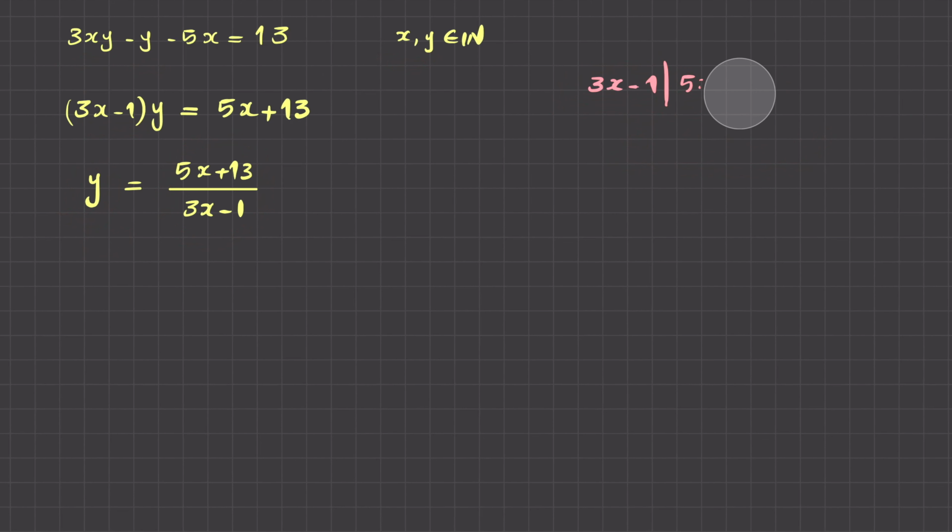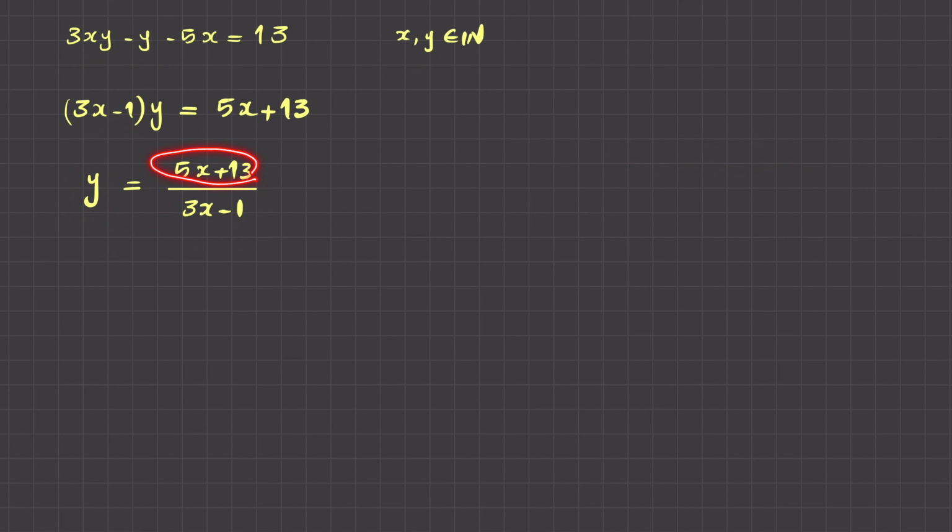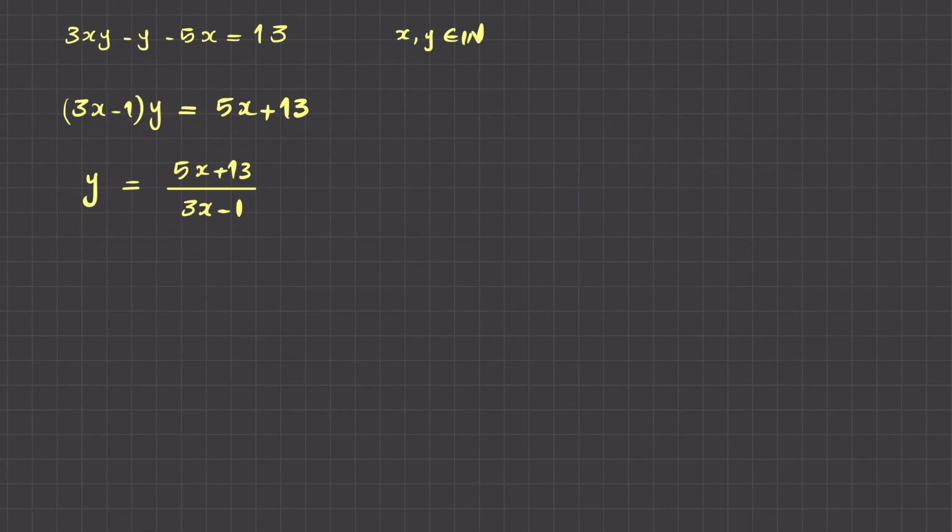Having said that, I want to write this fraction in a way that only a constant number remains in the numerator. But of course, I cannot change the problem, so I can rewrite the problem in a different form so that I achieve the goal. To do that, I will multiply both sides by 3.